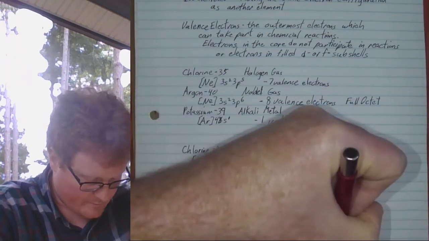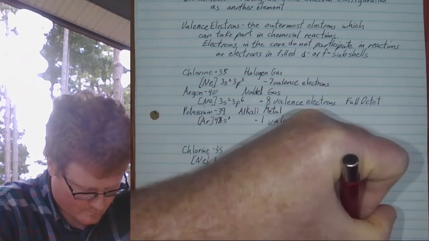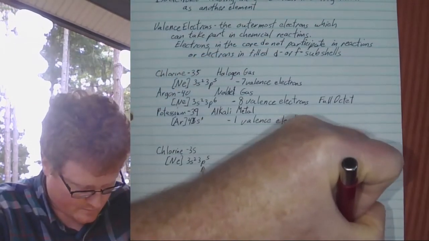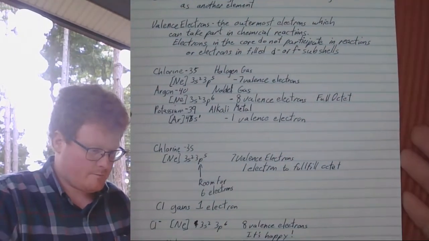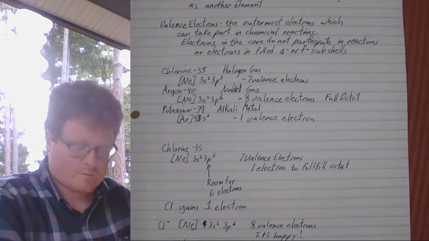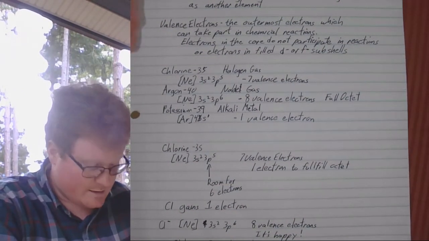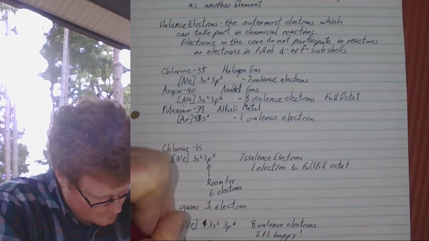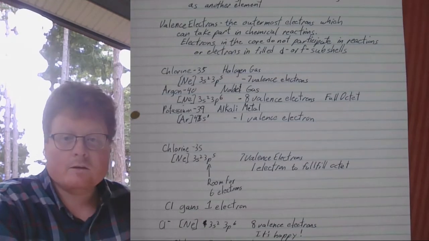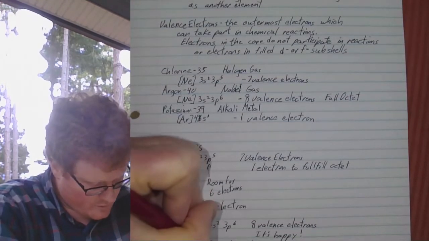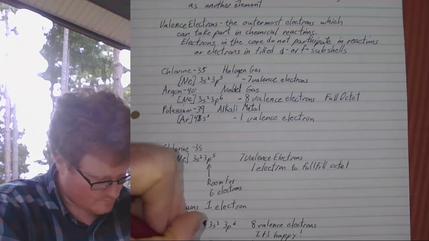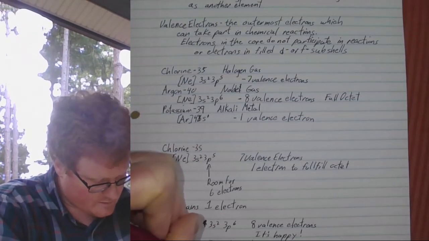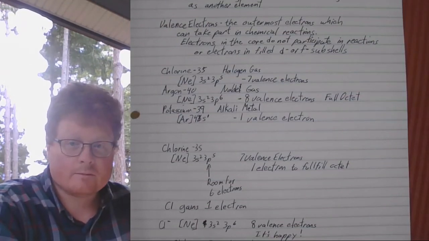So that means I have 18 electrons. I have more negatives than positives: 17 pluses, 18 minuses. Everything's going to cancel, but I'm going to have 1 minus left over. And that's going to give me a chlorine 1 minus, a negative 1 ion.